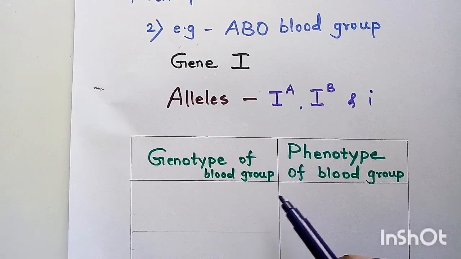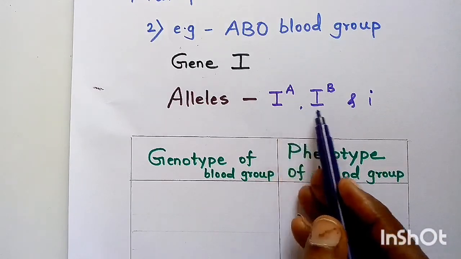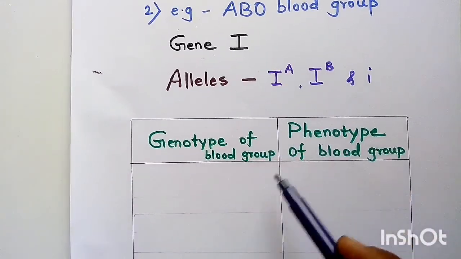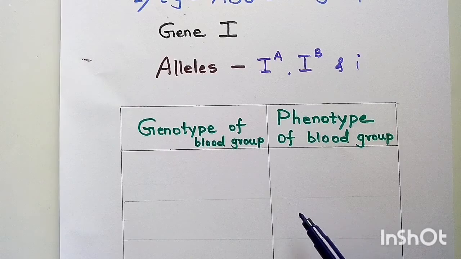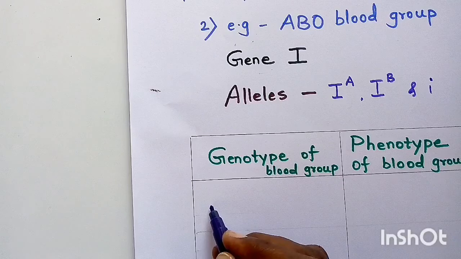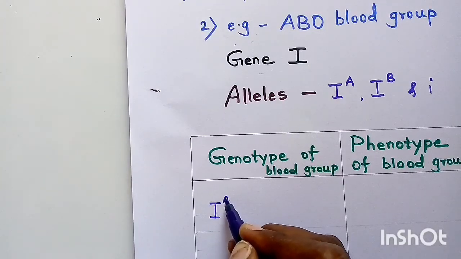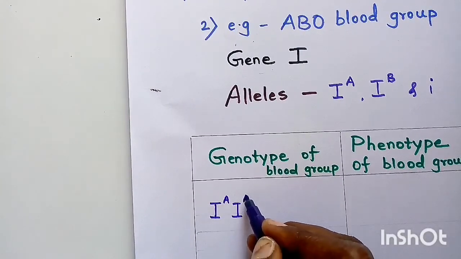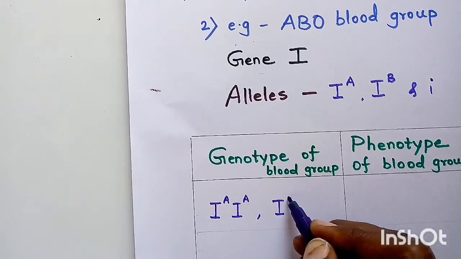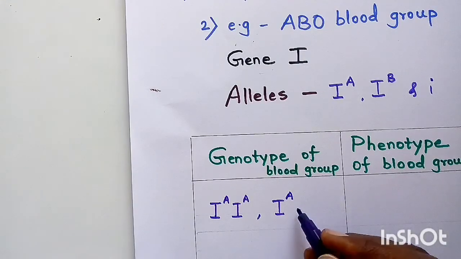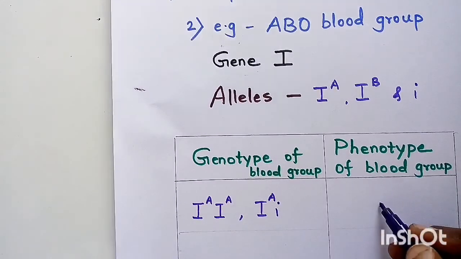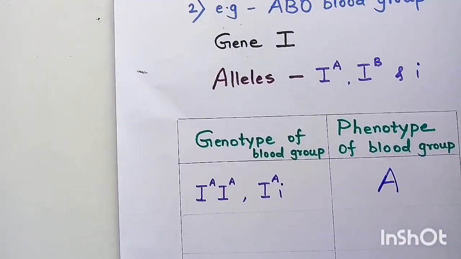Now since human beings are diploid, a human being may contain any two alleles and will represent the blood group related to that. For example, if the genotype of the person is IA IA, or if the genotype is IA and small i, then both genotypes will represent the blood group as A.